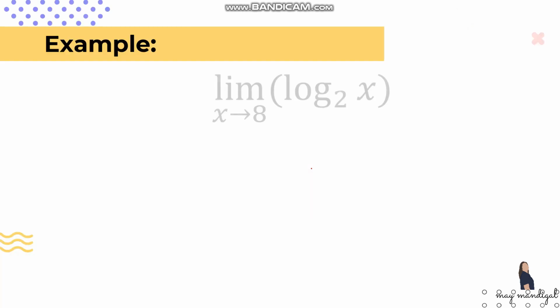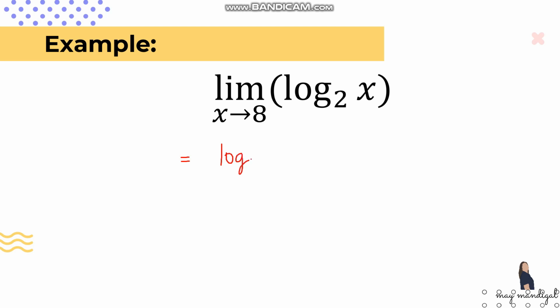Let's have this example. Let's identify the limit of the logarithm of x base 2 as x approaches 8. Since this is a logarithmic function, we can just do direct substitution. Logarithm of 8 base 2. Make sure that you still know how to evaluate logarithms.